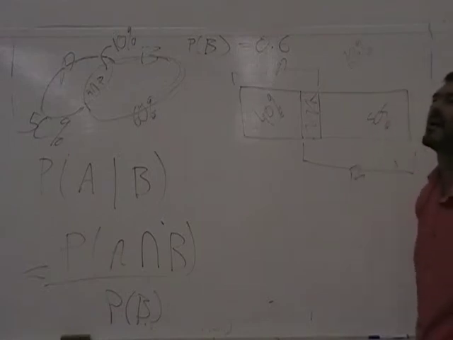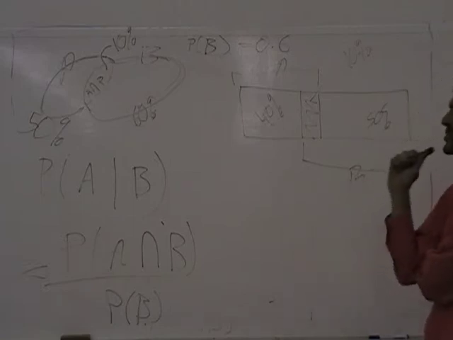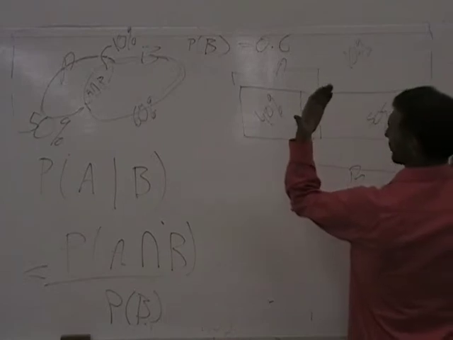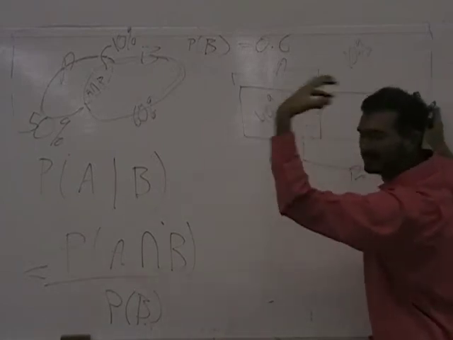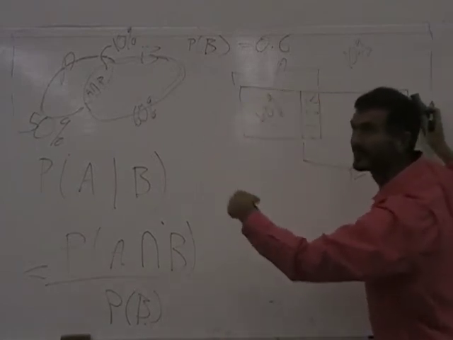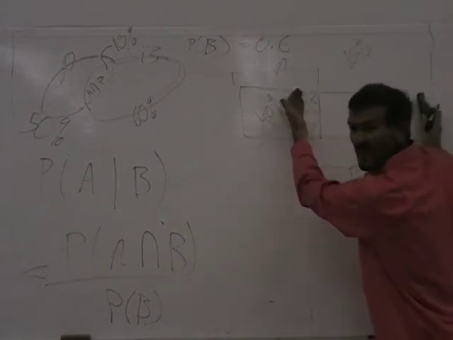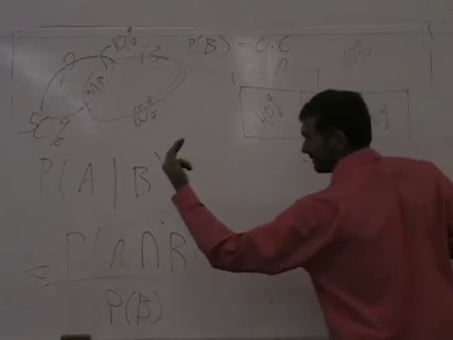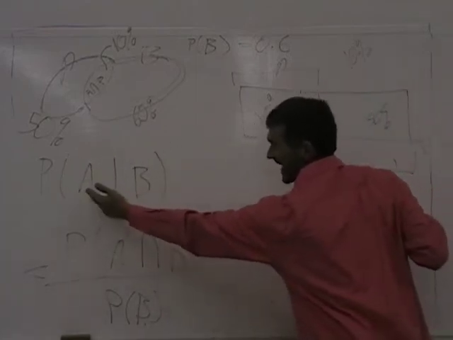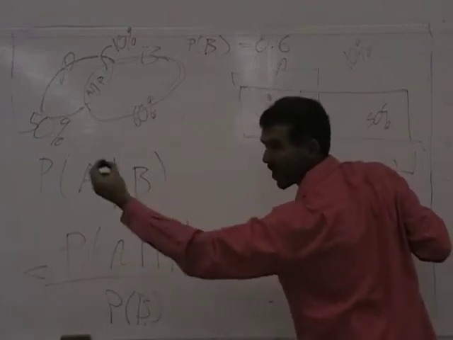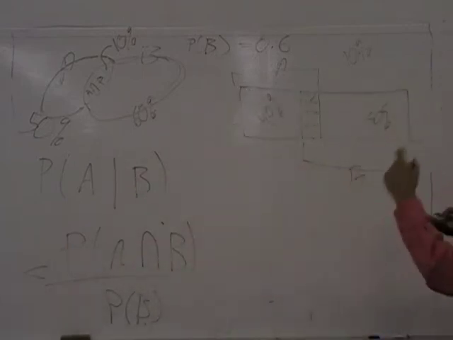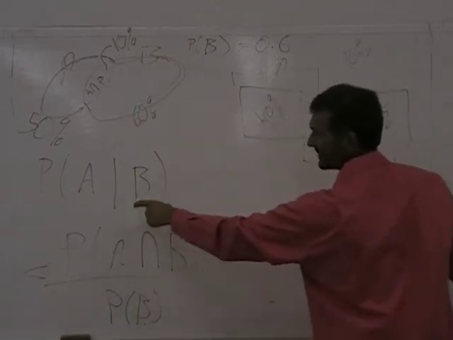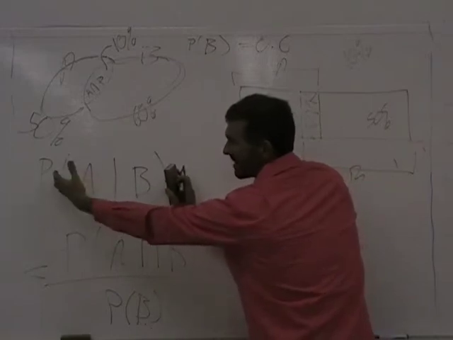But if we want to condition on B, we are going to restrict our outcomes to things in B space. The probability of A, given that we know B is true. So this part of the statement says, no, we're not in all of the space.